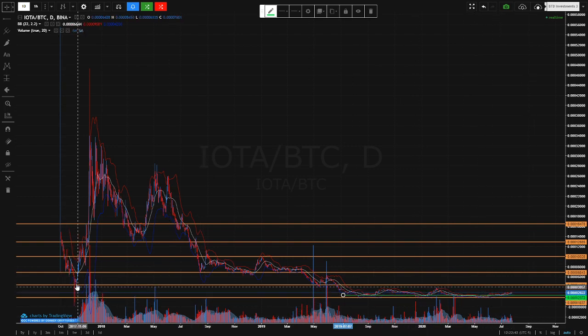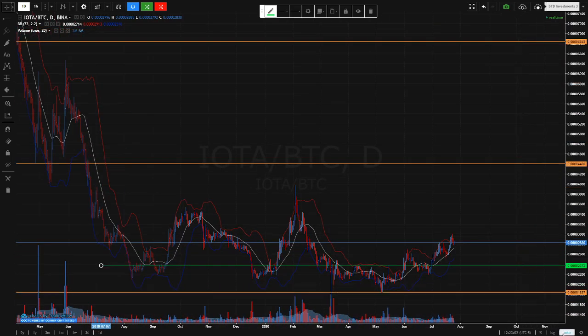This is the all-time low, and this support zone is based off of the most recent stuff. So the fact that it's down there makes it more probable that this is the medium to long-term low.